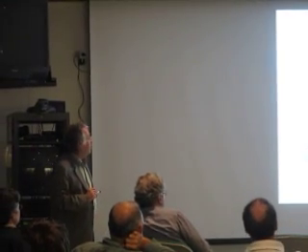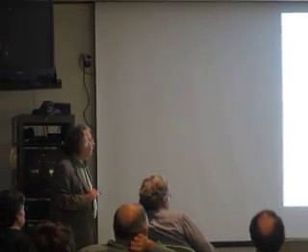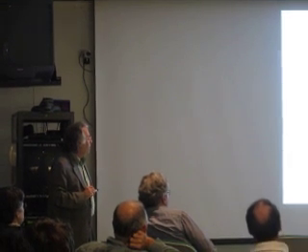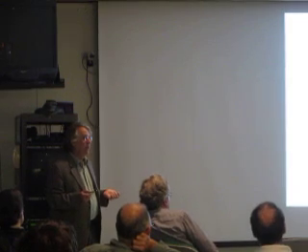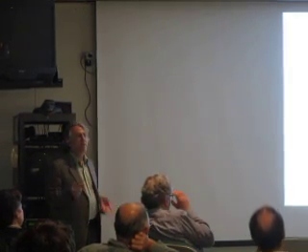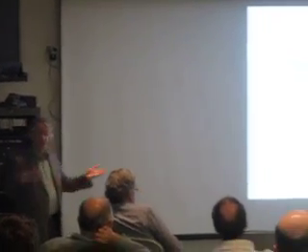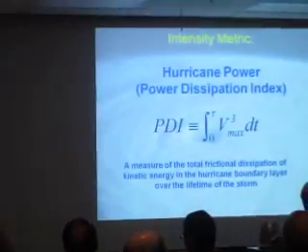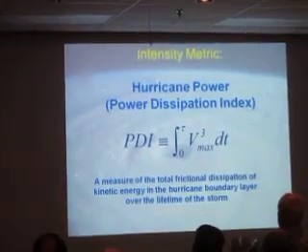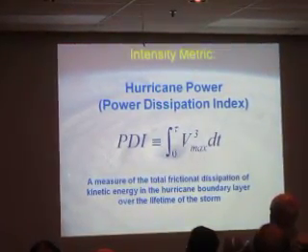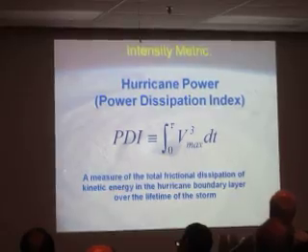I'm going to look at a particular metric of hurricanes, which we call the power dissipation index. If you look at the mechanical dissipation of kinetic energy in a turbulent boundary layer, it scales as the cube of the mean wind speed. So what we'd like to do is integrate that cube of the wind speed over the surface area of a hurricane, and then over the lifetime of the storm.